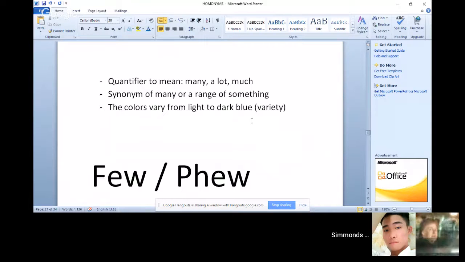And then variety. She has a variety of clothes. I think variety would be an adjective. Variety? Does it mean like diverse? Yeah, diverse in a lot of different things. So no, that's a noun.